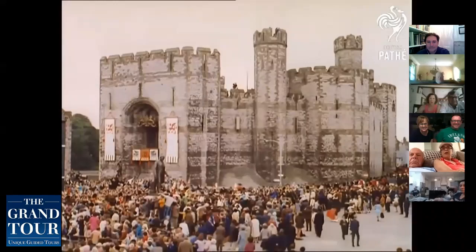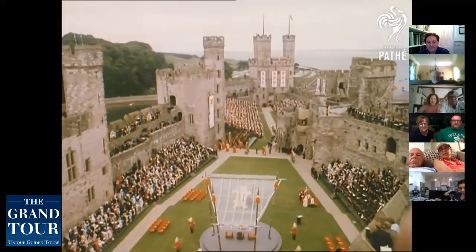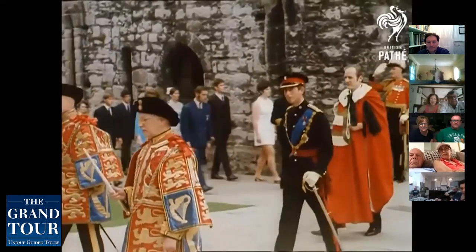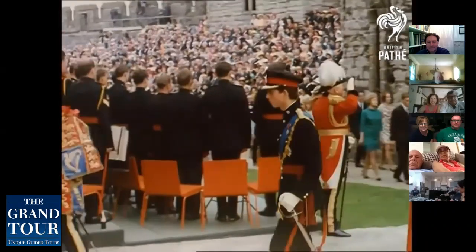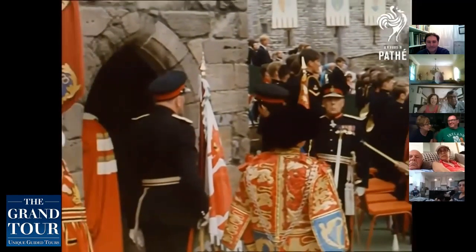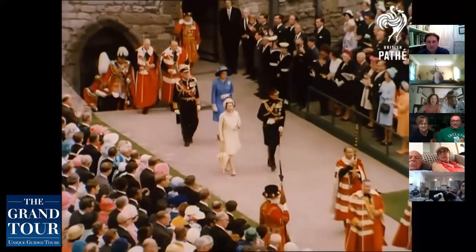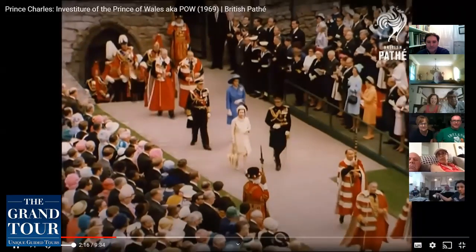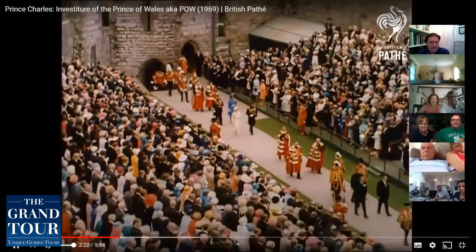The Grey Fortress was a place of rejoicing on this day. While the crowds cheered their monarch, the young prince, with a dignity and assurance belying his years, followed the centuries-old pattern of ceremony and went to the Chamberlain Tower to await the Queen's command. Her Majesty and the Duke of Edinburgh, the Queen and her consort, were regal figures as they moved towards the place where the joyous deed of investiture was.